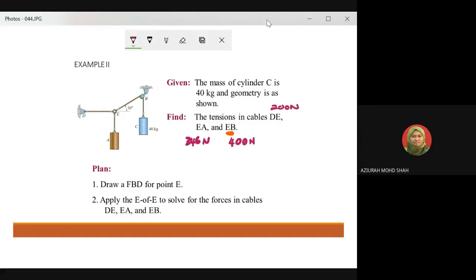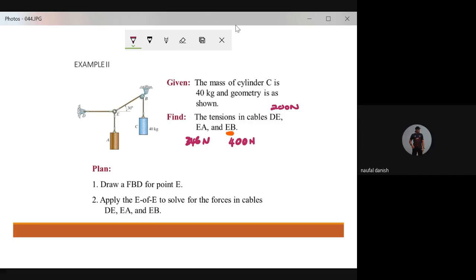Anyone have a different answer? Naufal, what is your answer? Saya dapat EA dengan EB ya. Betul saya tak faham soalan nak apa. Soalan suruh cari DE, EA dengan EB?